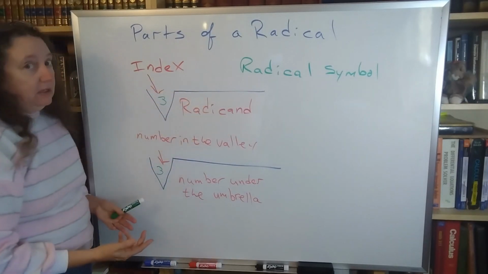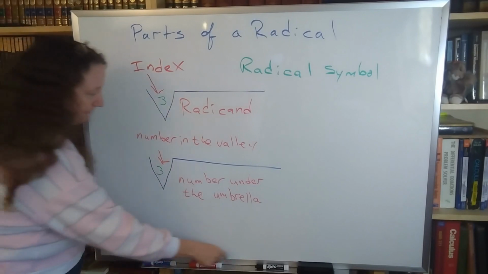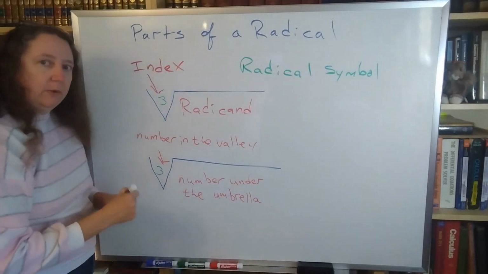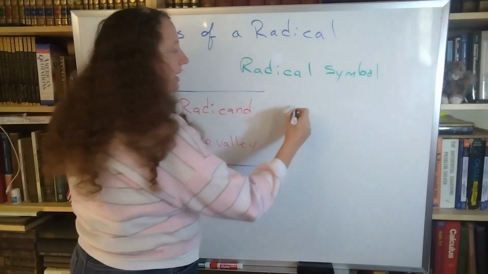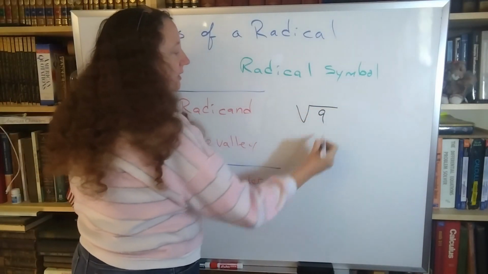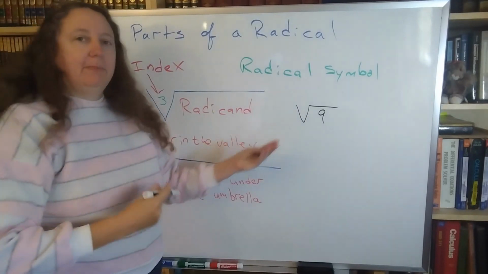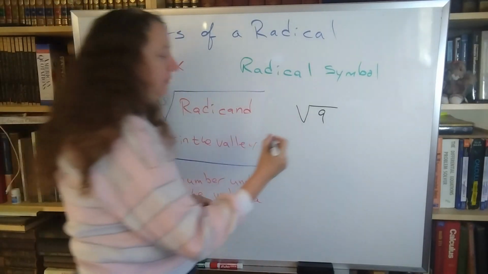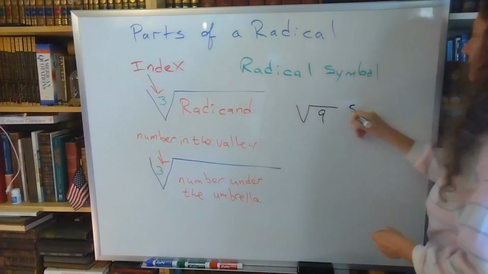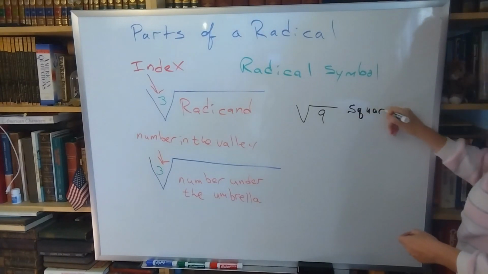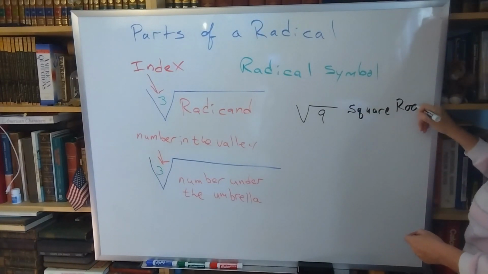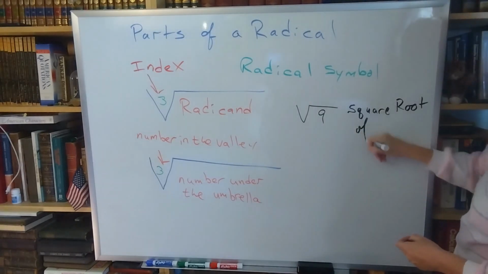What does it mean? Okay, so as I said, normally when we deal with these, you're not going to have a number in the valley. So that is just your typical square root symbol. So this is square root of 9.